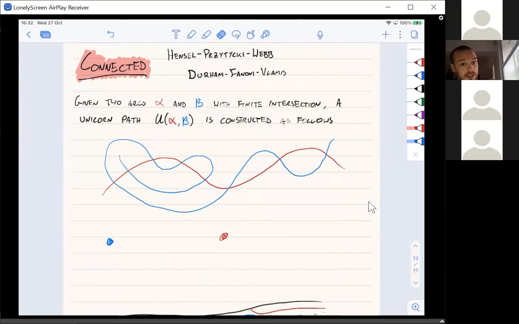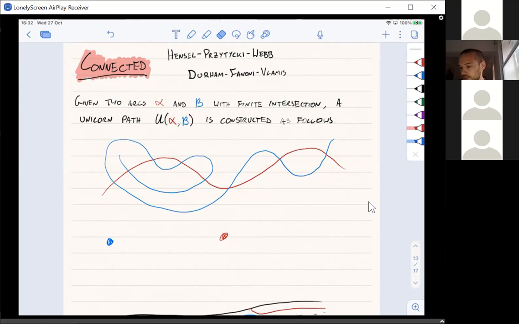We got it via Durham, Fanoni, and Vlamis. It's a really nice way of constructing a path in the arc graph between two arcs, two vertices. So you can assume they intersect, because if they don't intersect, then the path is clear.